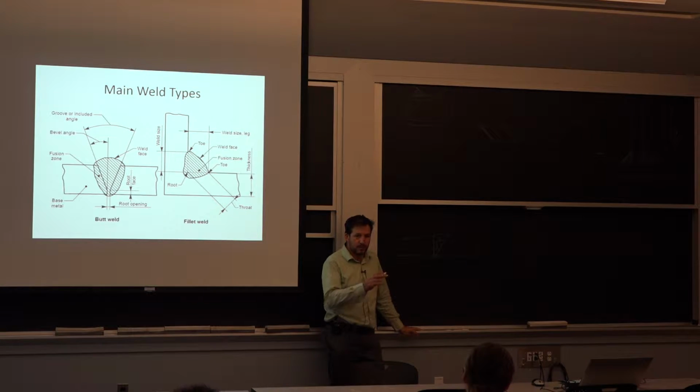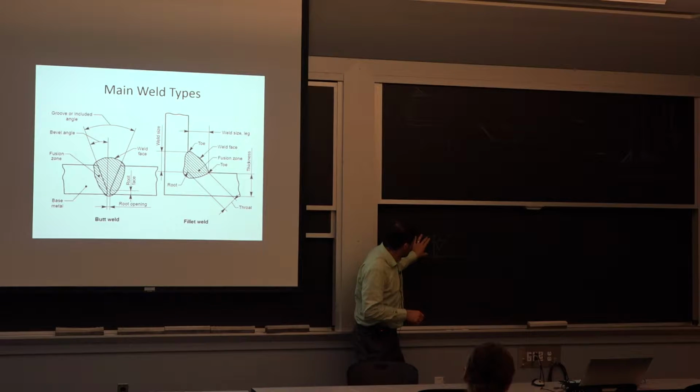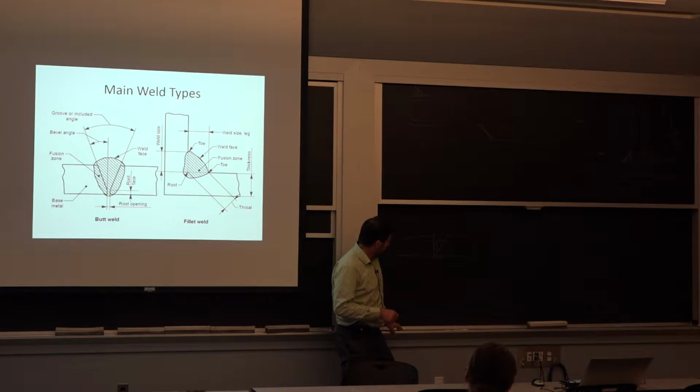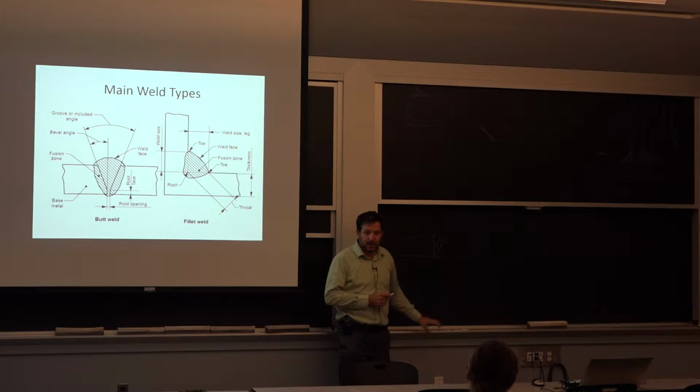Not in fatigue, just for the static strength. Because there's no stress concentration, and we'll see later that there's also very little residual stresses. So this is probably the strongest joint you can have.